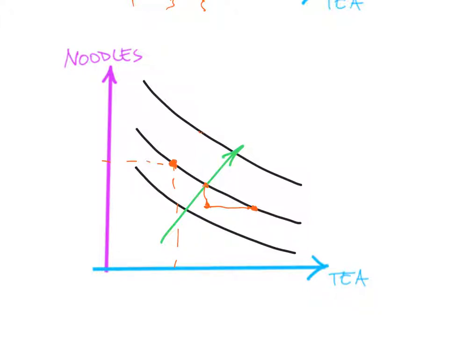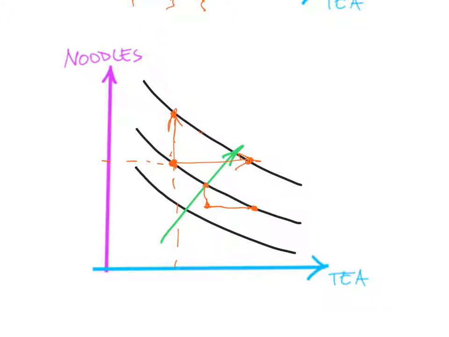But on this picture, the next one I drew, if I wanted to move that person up to that indifference curve, how much noodles would I have to give her? This much, that much. How much tea? This much. So I would have to give a lot more tea, which means what brings more happiness to this person?